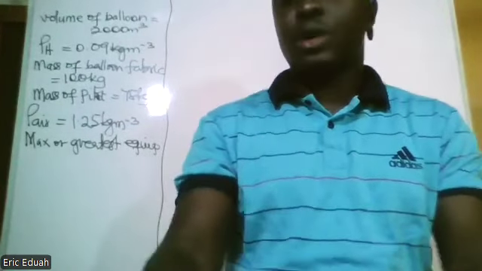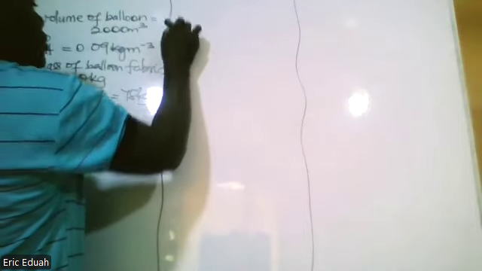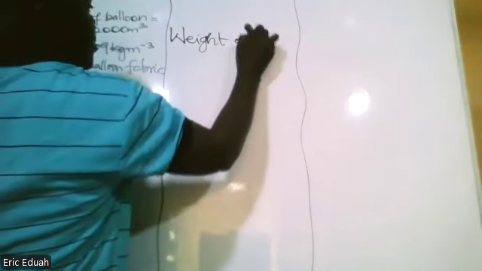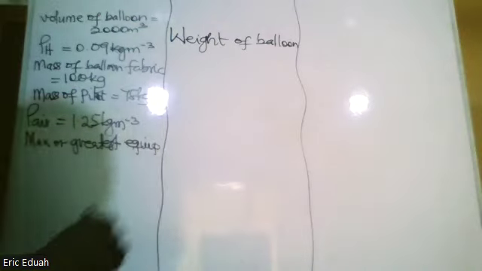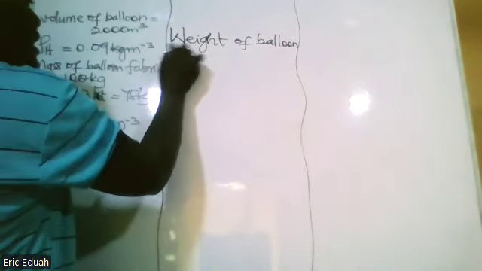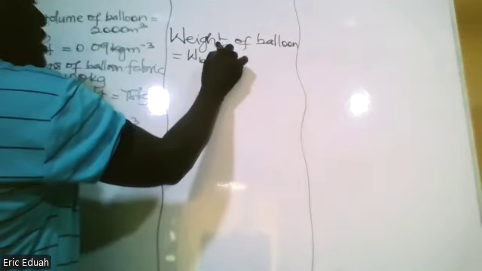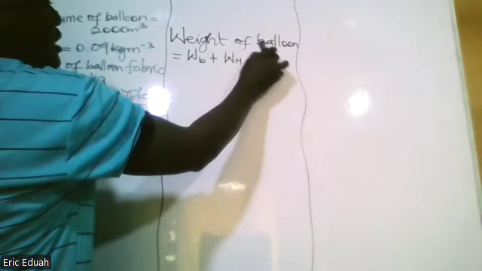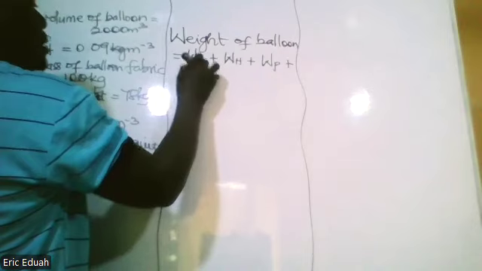Okay, and what can be within the balloon? We can weight of balloon can actually be weight of the balloon fabric, WB, weight of hydrogen, WH, weight of the pilot, WP, plus the weight of the equipment.